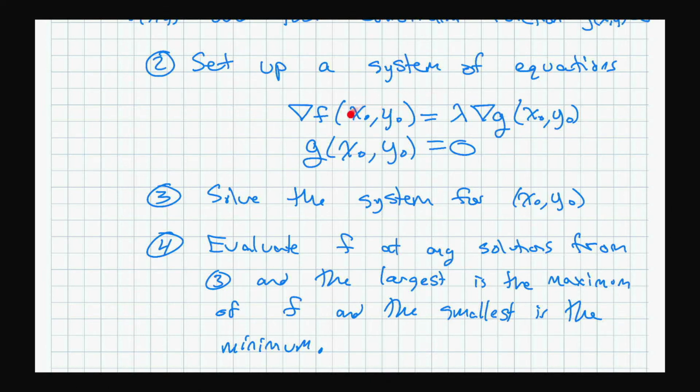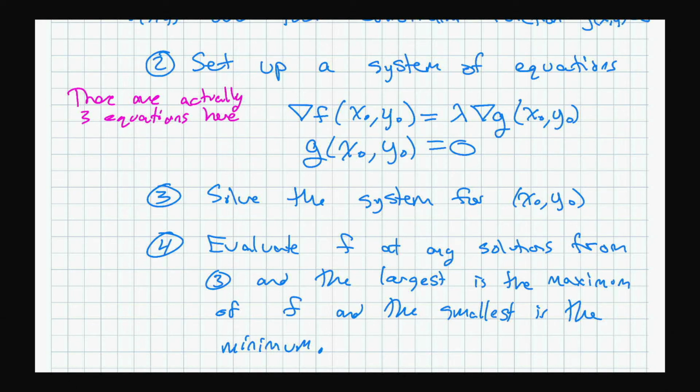So this is actually 2 equations, and then this is a third equation. There are actually 3 equations here and 3 unknowns.